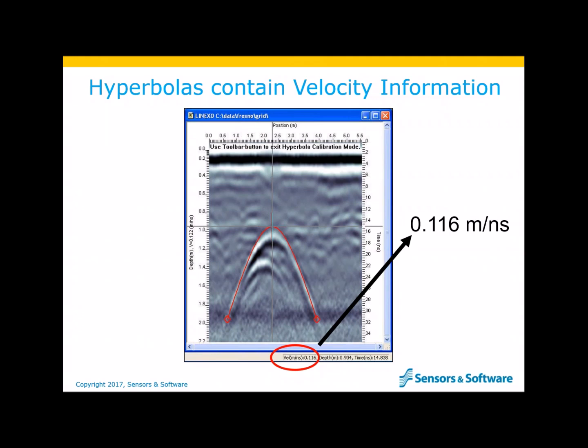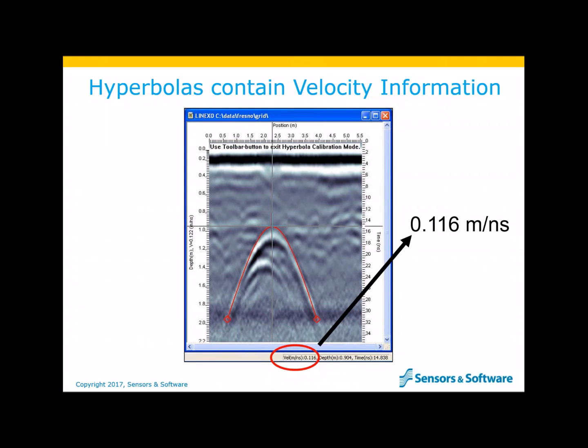The truth is, we have measured the velocity of the soil above the object. We don't actually know the velocity of the soil deeper down. So if you're given the choice of doing a velocity calibration on a deep or shallow hyperbola, choose the deeper one, as it will provide a better overall velocity for the soil.